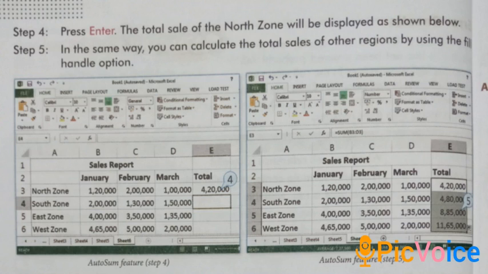This feature is particularly useful when we want to add all numbers in a contiguous row or column. And the auto sum button is present in the editing group on the home tab.